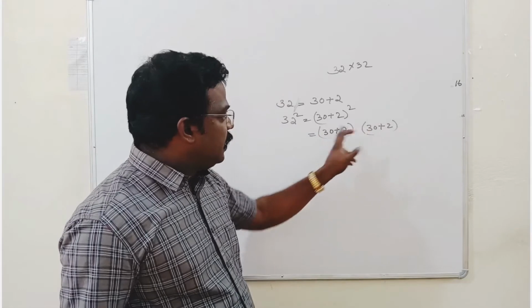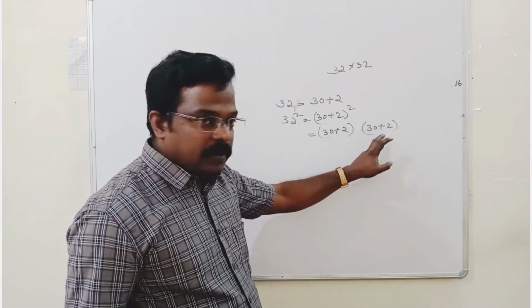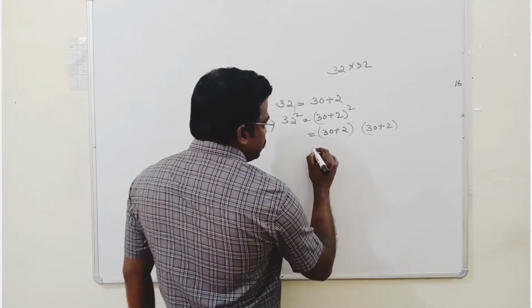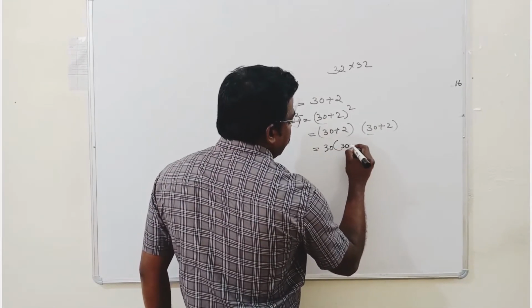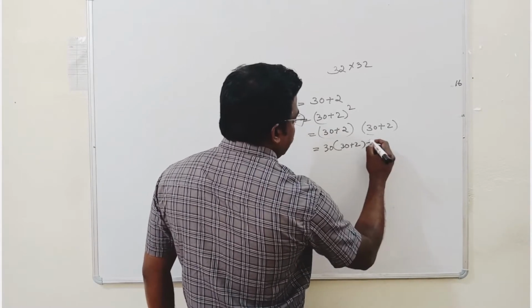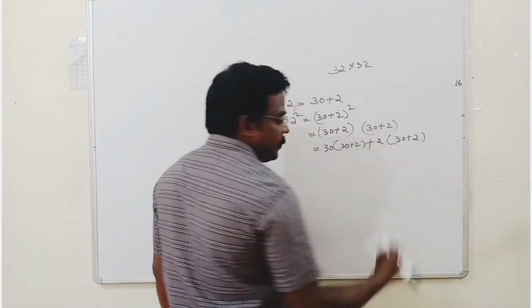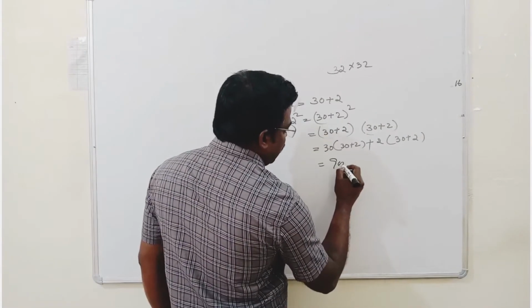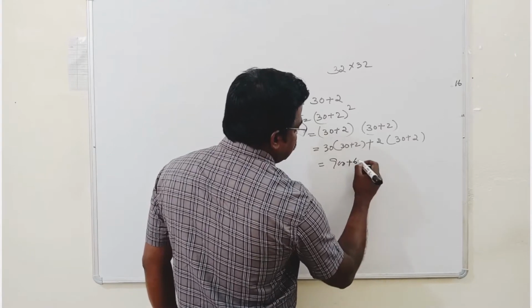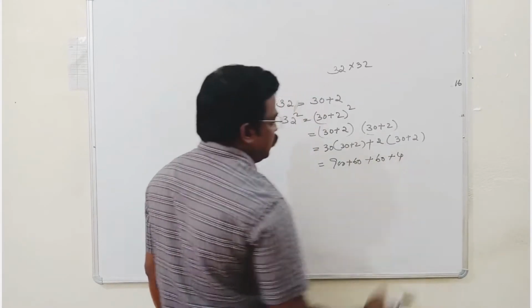So how will we multiply? With this 30 we multiply this 30 plus 2, and with this 2 also we multiply 30 plus 2, and add. So that is 30 into (30 plus 2) plus 2 into (30 plus 2). Here 30 into 30, we know, is 900, plus 60, plus 60, plus 4.